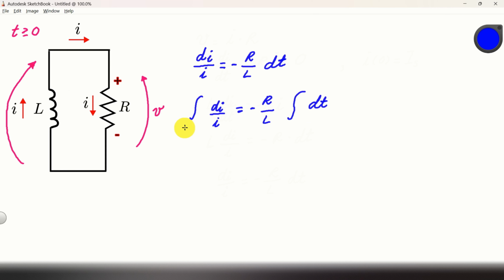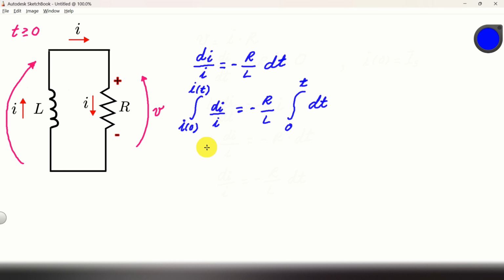Let's now substitute the bounds. Here I'm integrating from I of time equal to 0 to I of certain time t, and on the right hand side, from 0 time to some time t.